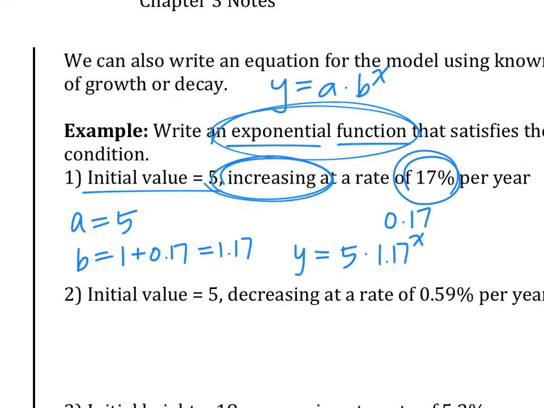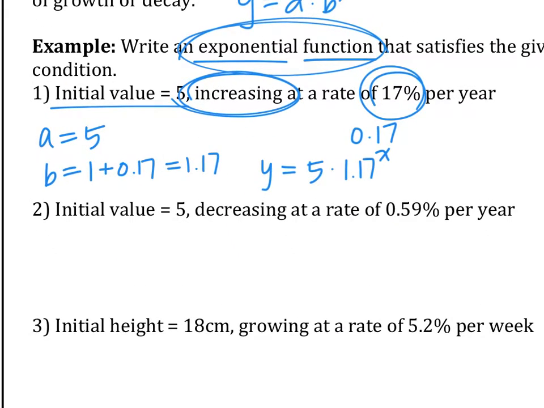All right, next. Initial value is 5 again. This time you're decreasing at a rate of 0.59% per year. All right, let's try this. McKenna, what number is A? Ashley, do you know what number is B? 0.99.